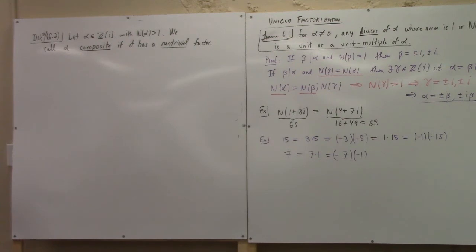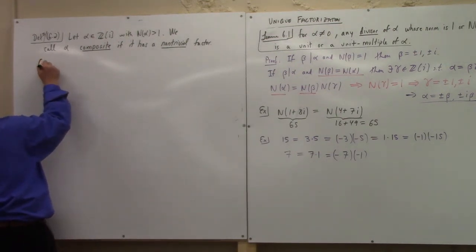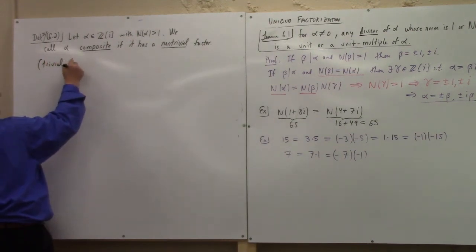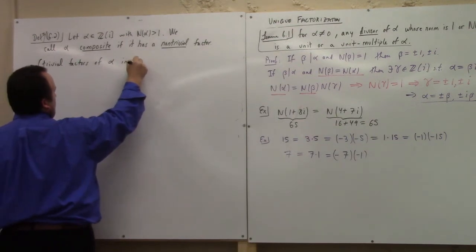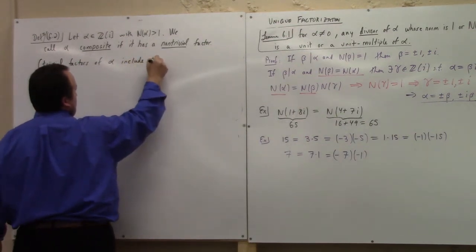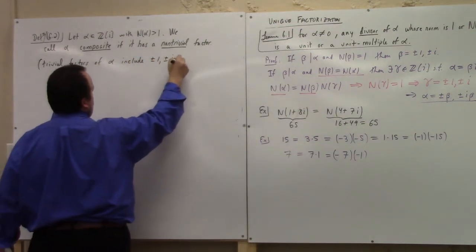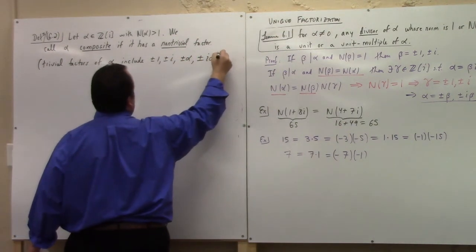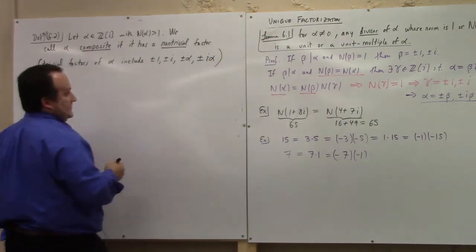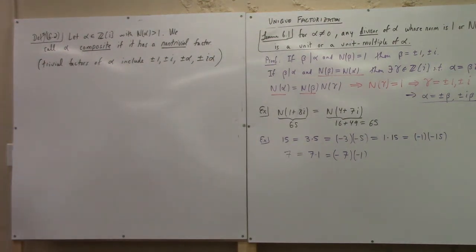So what are trivial factors? Trivial factors of alpha include plus or minus 1, plus or minus i, plus or minus alpha, plus or minus i alpha. These are the trivial factors of alpha. A non-trivial factor is something other than these.